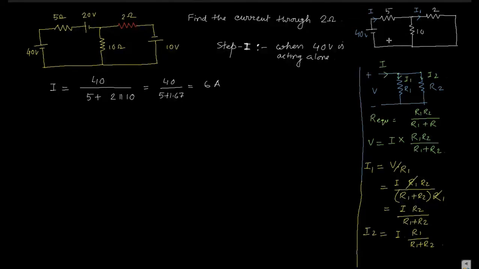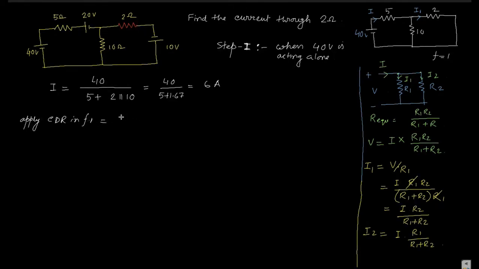You have already found the value of I, so I into 10 by 10 plus 2 is the I1. So if we apply the current division rule in figure 1, what do you get?